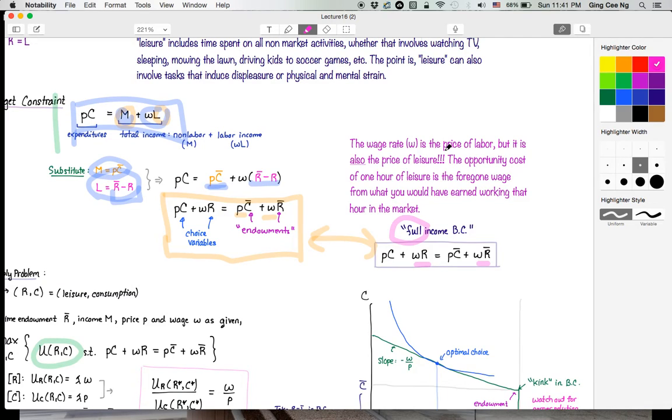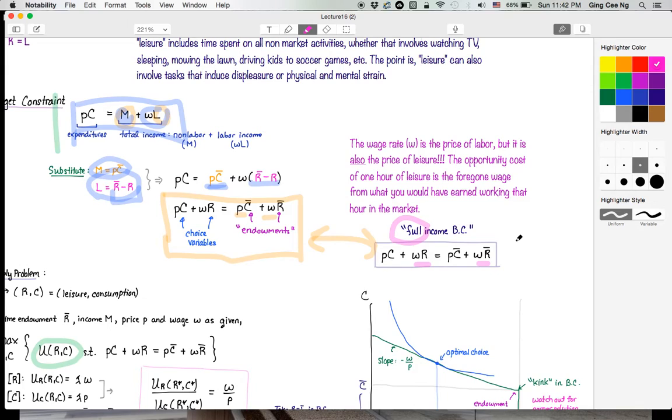All right, good. So just to reemphasize, the wage rate is not only the price that you receive for your labor, it's also equivalently the price of leisure. So if you decide to spend an additional hour watching TV, sleeping, or eating, anything that you're doing that's not working, what you're foregoing is the wage that you would have earned in the market had you worked that hour.